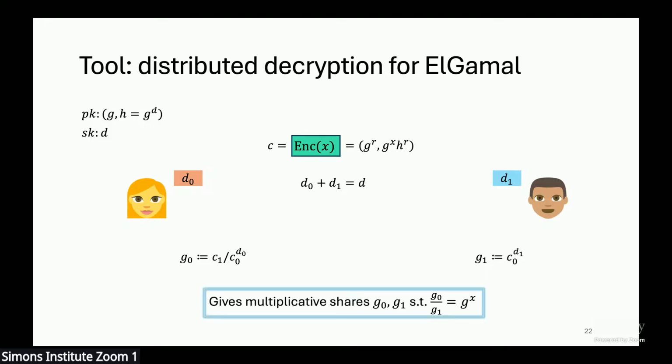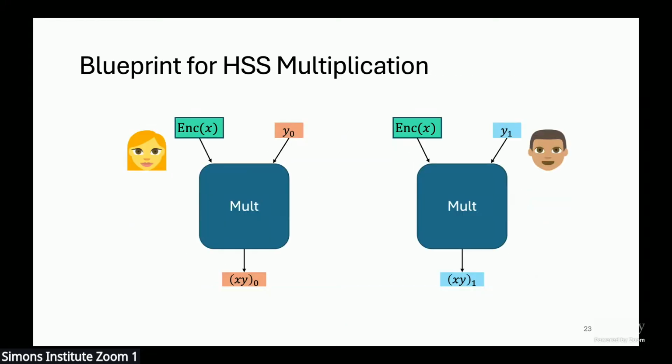And if we divide these two group elements together, then these are, I guess I say multiplicative, they're actually kind of divisive shares of the original encryption of x, which is this value g to the x with x in the exponent. So if you go through the math here, this is kind of like doing a distributed ElGamal decryption, where the ratio of the results gives us the share. Okay. So far, so good.